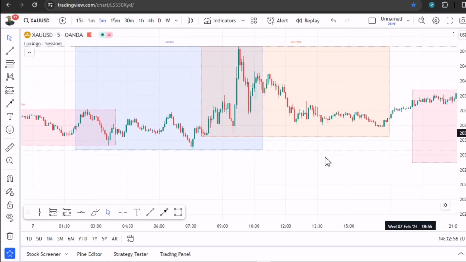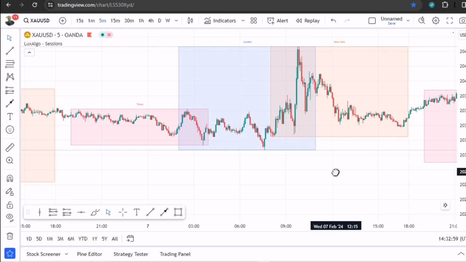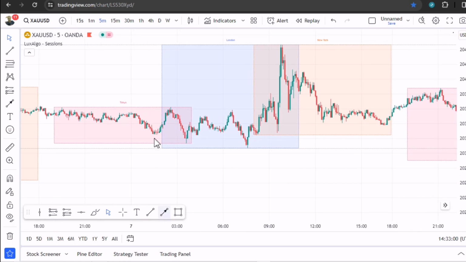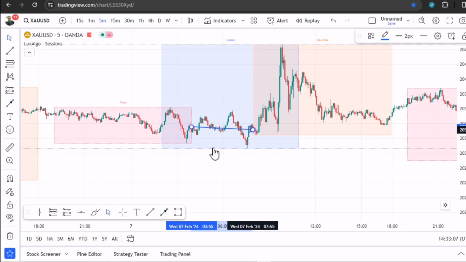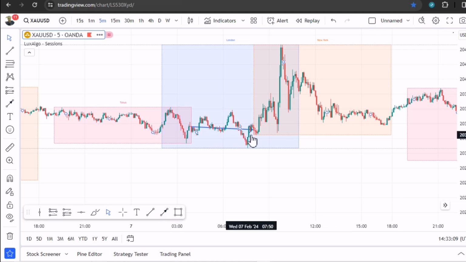Let me take a few more examples. Let's check here. You mark the last candle, you point at the new candle. It's somewhat a downward move, so you buy here. Okay, it did respect, but let's say for some reason it didn't.